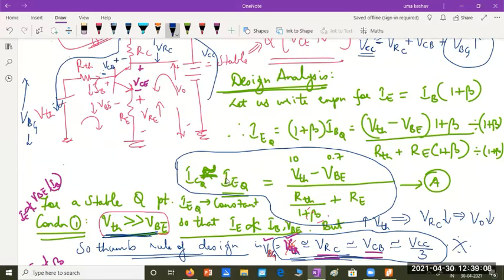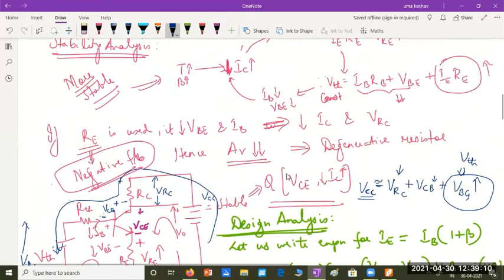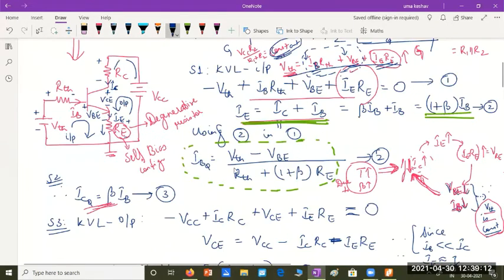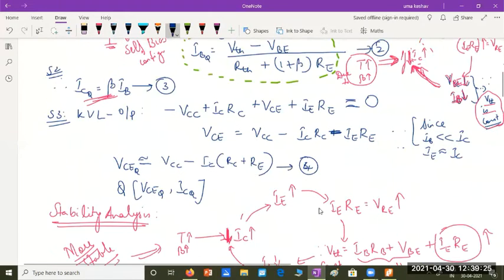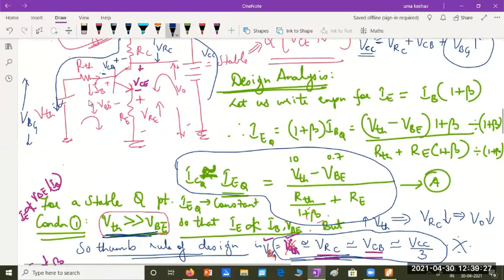Or you could do one more thing. You wrote the expression for base current. You multiply both sides of this equation with 1 plus beta, because we know emitter current is 1 plus beta times the base current. So you can do it in any method, either write KVL directly and isolate the emitter current. All currents you should write in terms of emitter current.